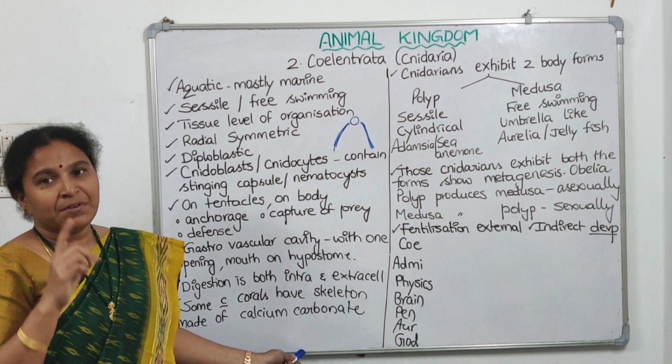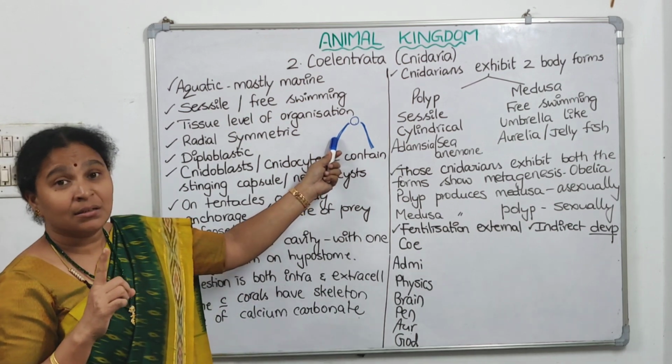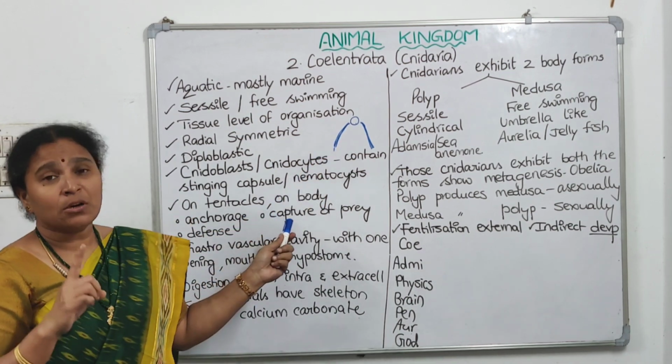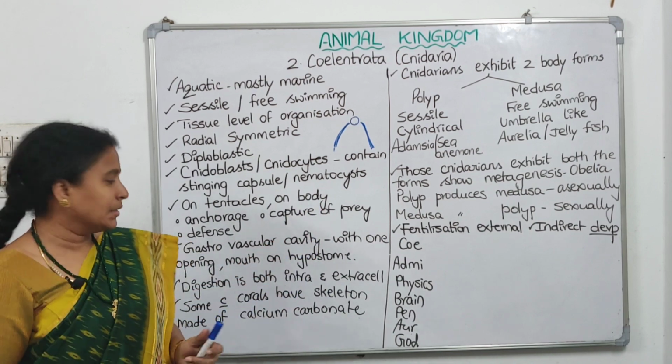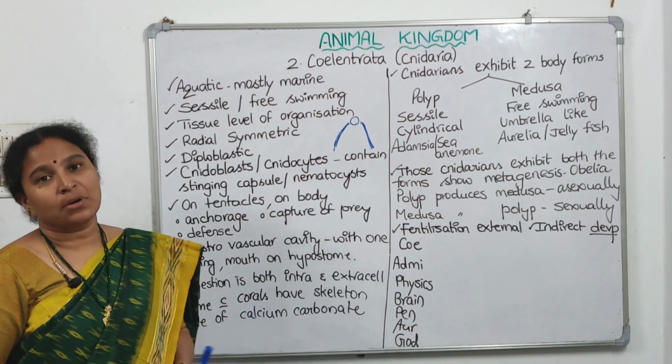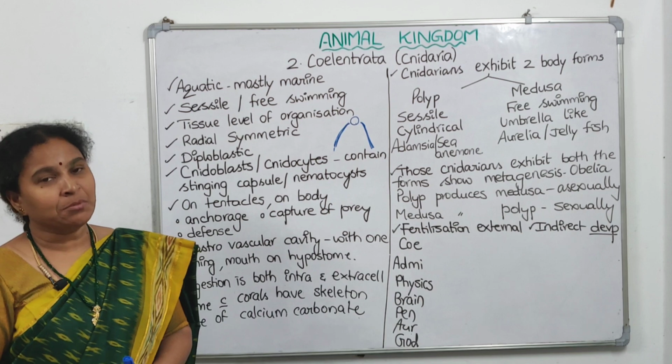The gastrovascular cavity has one opening, the mouth, present on the hypostome. The cnidoblasts are present on the tentacles and on the body also. Digestion is inside and outside, intra and extracellular. And some cnidarians such as corals have a skeleton made up of calcium carbonate.